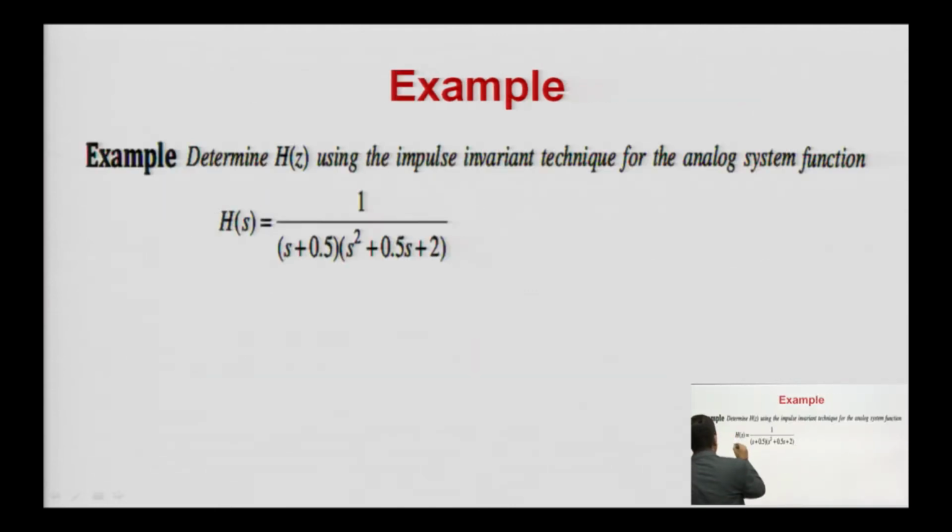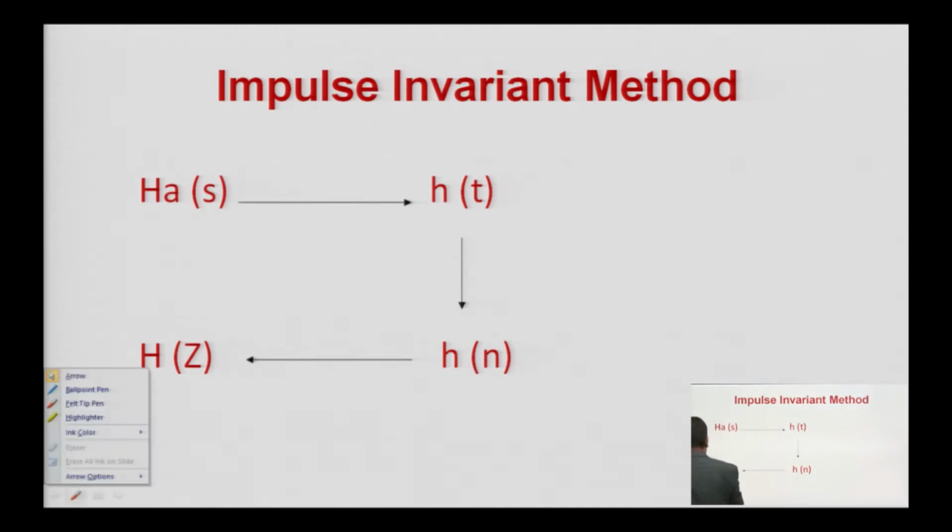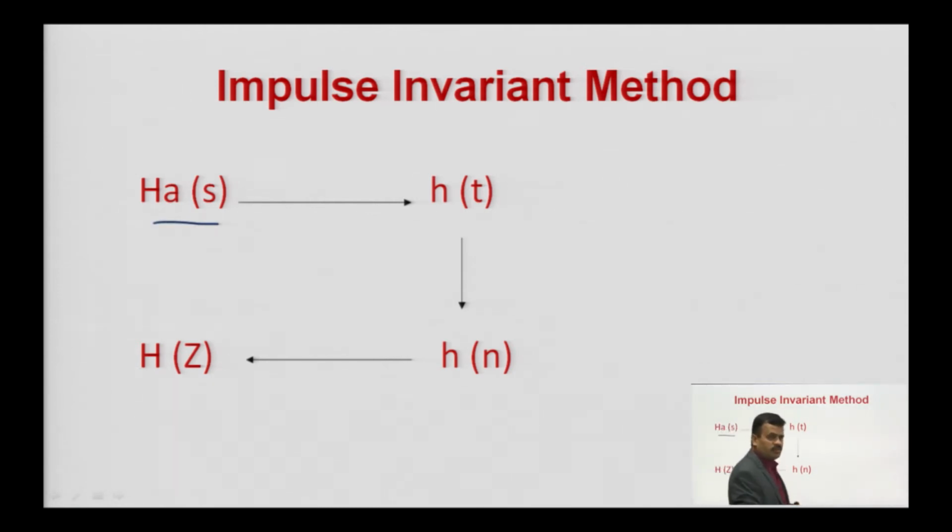H(s) means what? H(s) means you are taking the analog transfer function. H(s) is the transfer function of the analog filter.